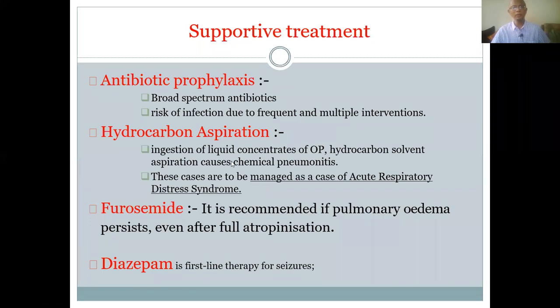Hydrocarbon aspiration: injection of liquid concentrate of organophosphate with hydrocarbon solvent, aspiration causes chemical pneumonitis. These cases are to be managed as a case of ARDS. Furosemide is recommended if pulmonary edema persists even after full atropinization, and then you can give furosemide to clear the lung edema. Diazepam is the first line therapy for seizure. If the patient has repeated seizures, you can give diazepam.